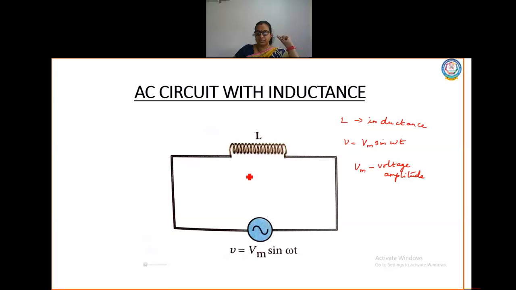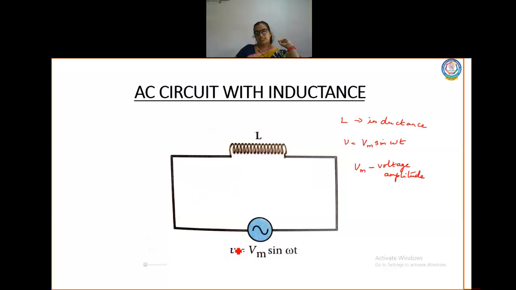This self-induced EMF is otherwise called back EMF. Why is it called back EMF? Because it opposes the cause. We have already studied Lenz's law, right? So this will oppose the cause.